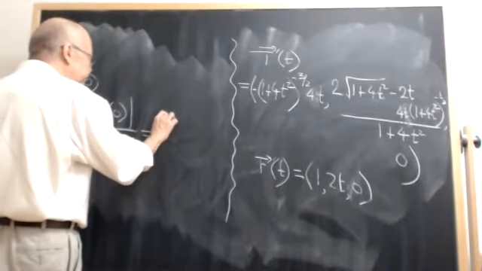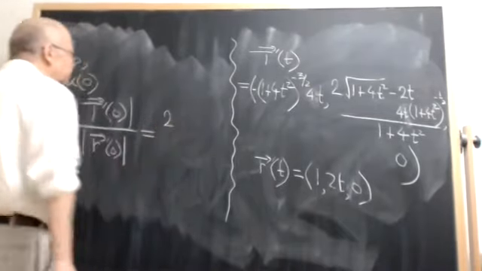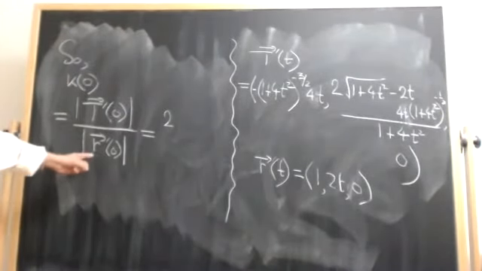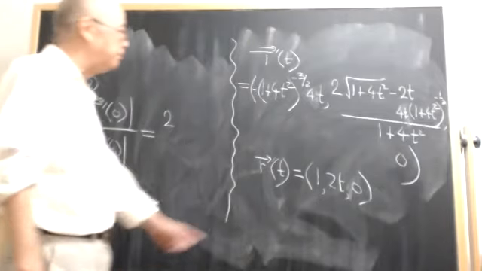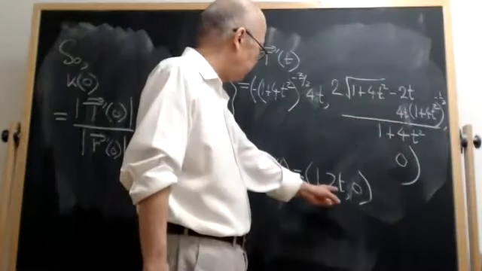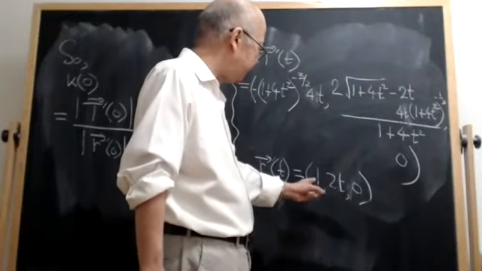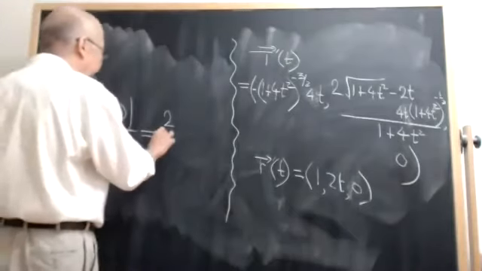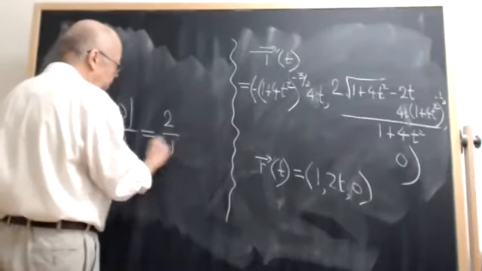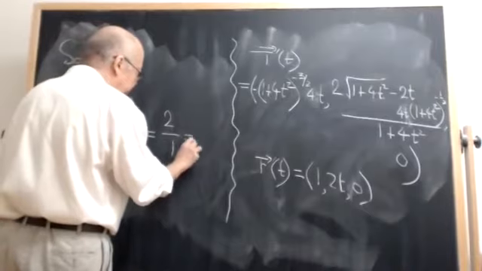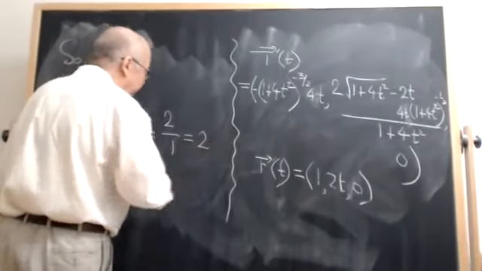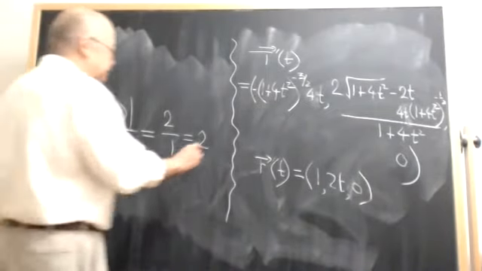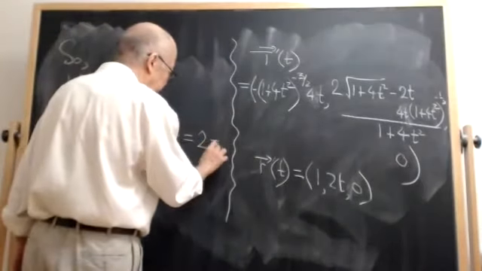Its length is going to be 2. What about this one? The length of r prime 0. So I put 0 here. I have 1, 0, 0. And its length is equal to 1. So the curvature at the origin is equal to 2 and is not equal to 0.